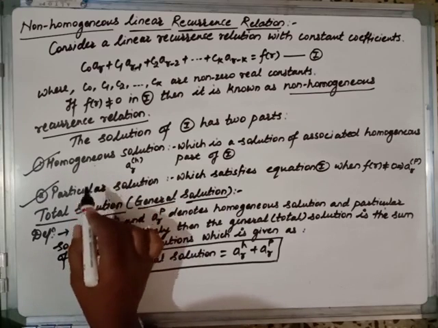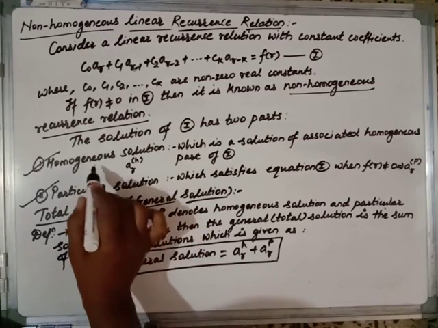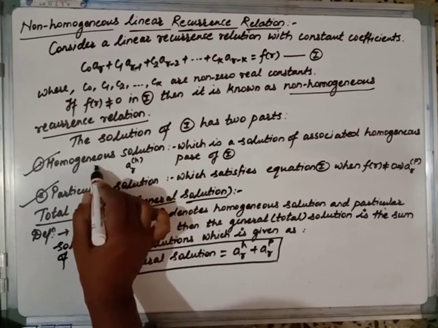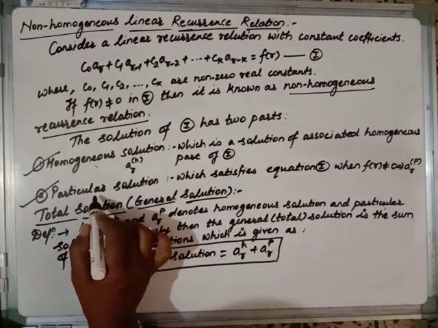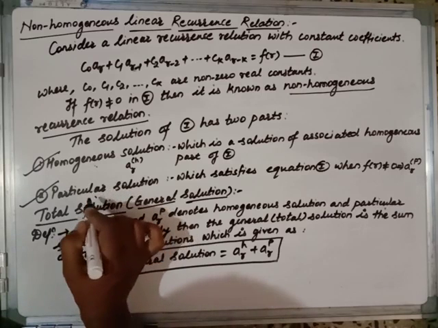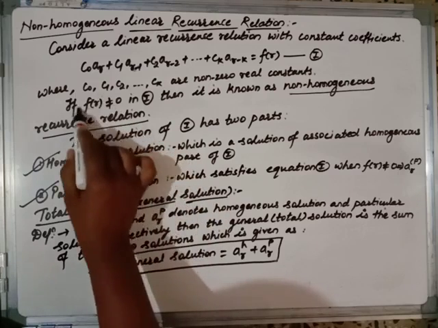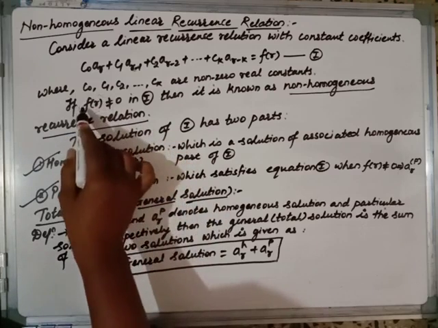Now we have already seen how to obtain the homogeneous solution. The question left is how to find a particular solution. Like the homogeneous solution, there are no general steps to find the particular solution, but it depends upon the nature of the function f(r).